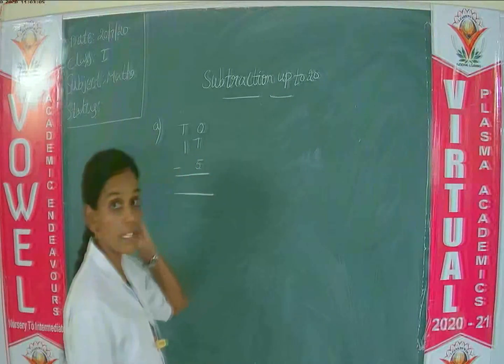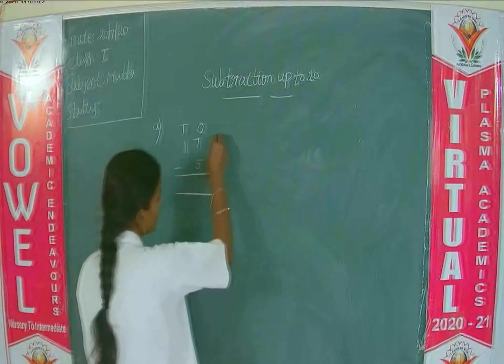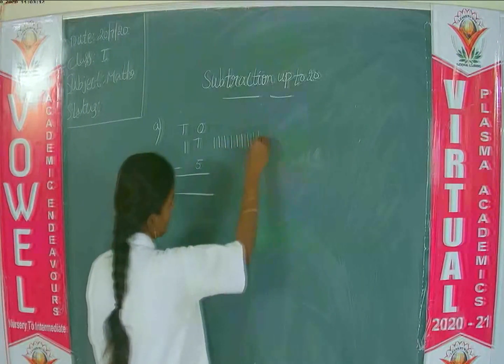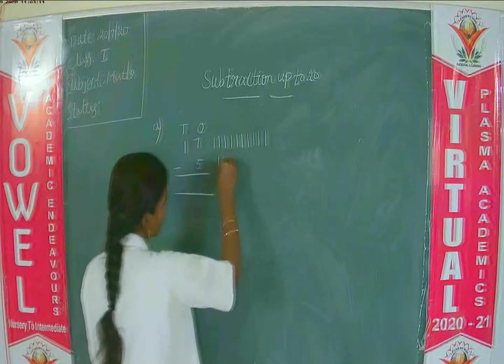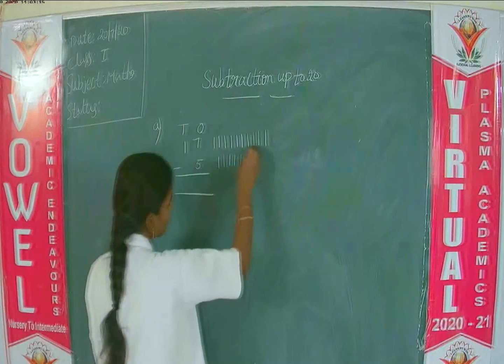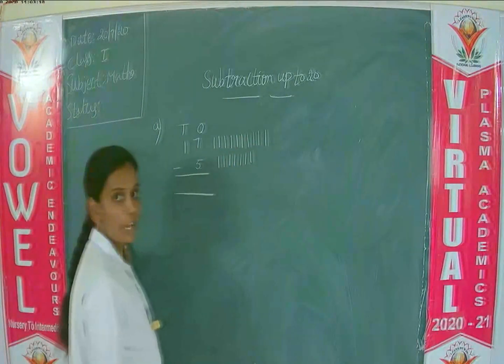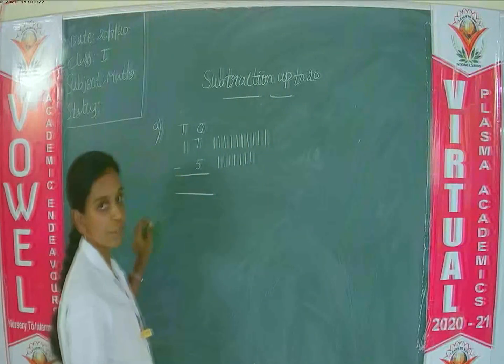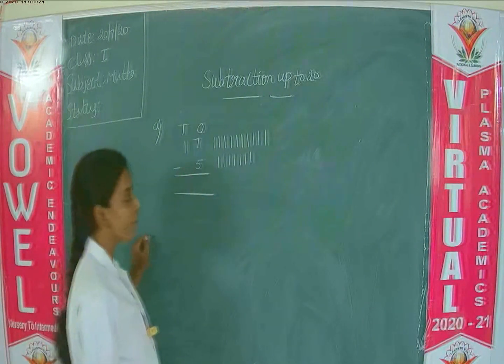You have to take 17 lines. See here, 1, 2, 3, 4, 5, 6, 7, 8, 9, 10, 11, 12, 13, 14, 15, 16, 17. Like this, you have to take 17 lines. In this, you should cross 5.